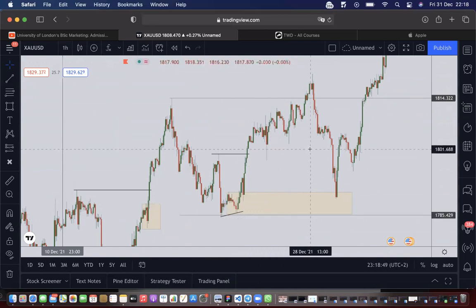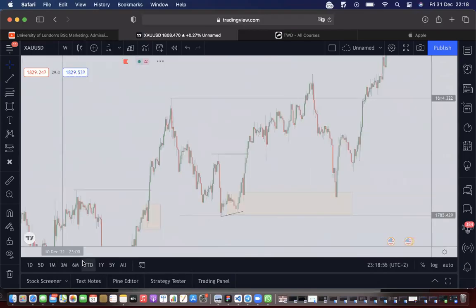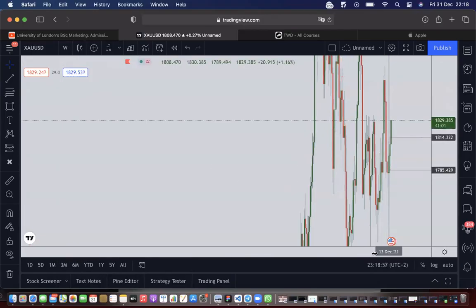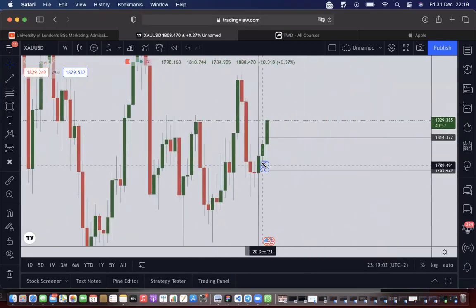Let me show you from the weekly now so you understand better. What I'm trying to say is that when the market is buying, we don't want to see the new week candle surpass the previous week candle. Just like, look at what happened here.